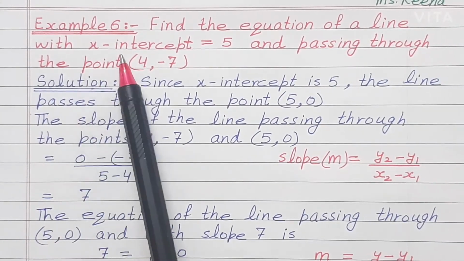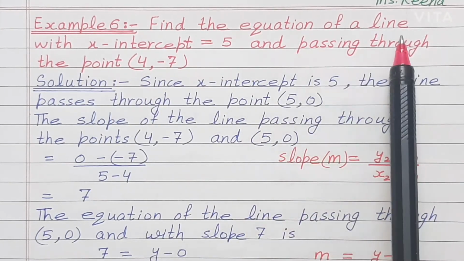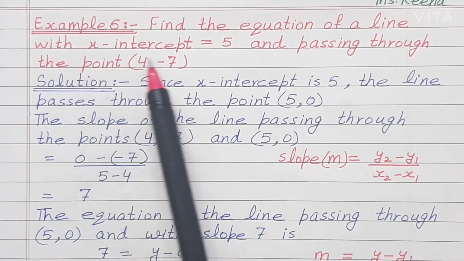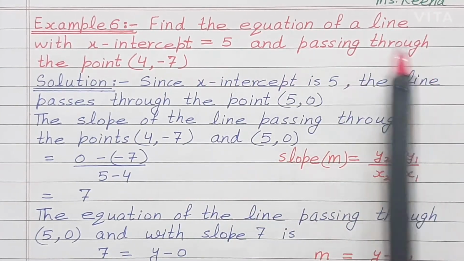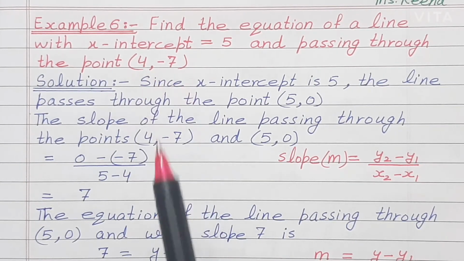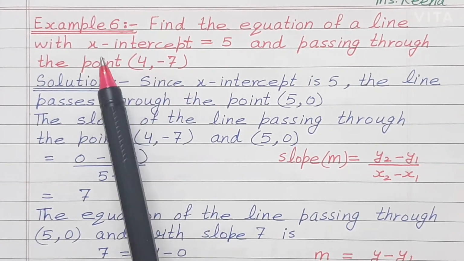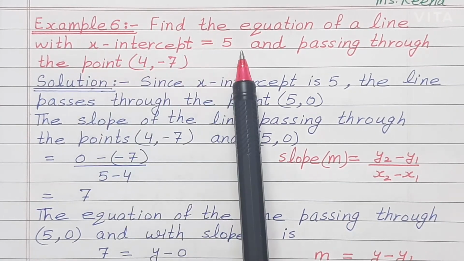Now see, example number 6 is: find the equation of a line with x-intercept equal to 5 and passing through the point (4, -7). So x-intercept 5 means this is the value of c here.